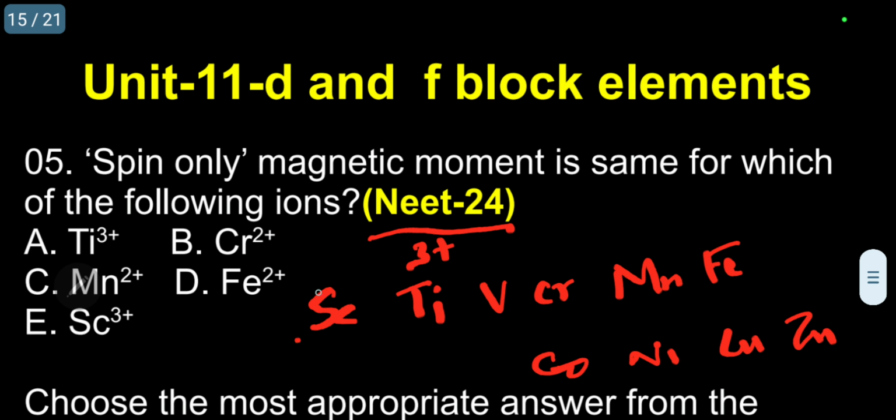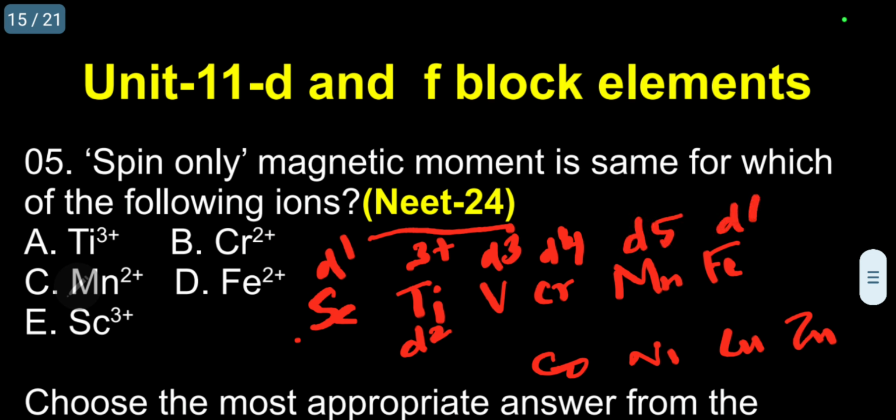So this one is D1, this is D2, D3, D4, D5, D6, D7, D8, D9 and D10, in 3D.